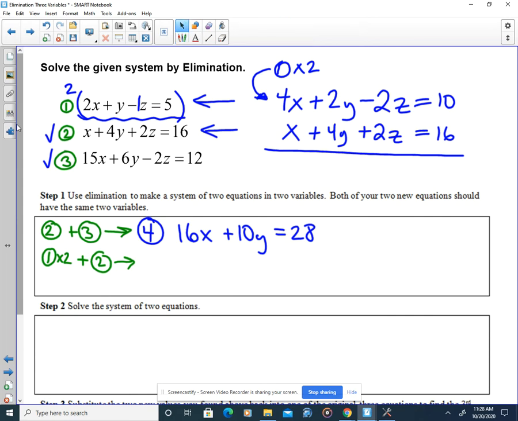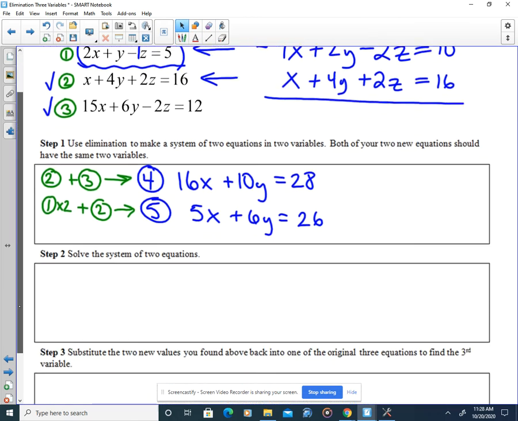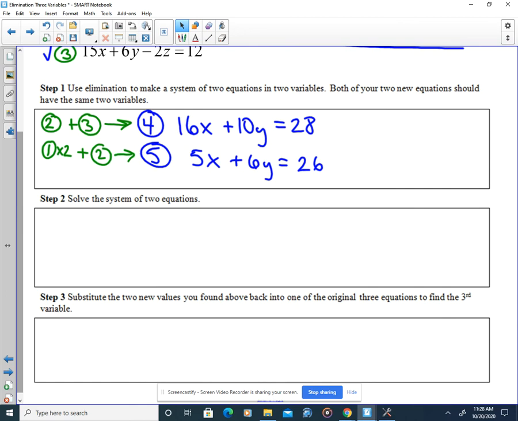That's going to give me my new equation, 5. So what do we get? We got 5x plus 6y equals 26. So now, let's take our equation 4 and 5 and write it as a system of two variables.